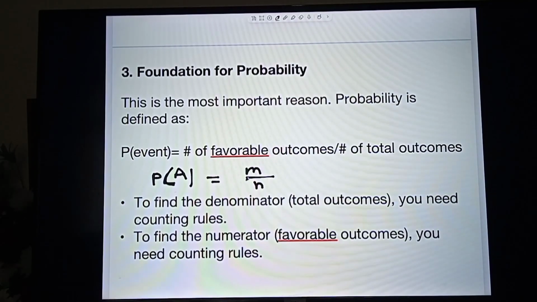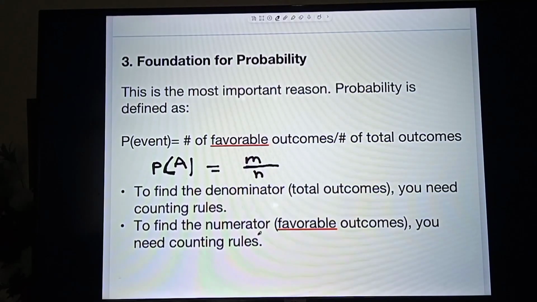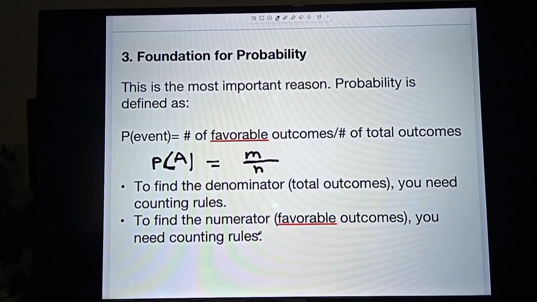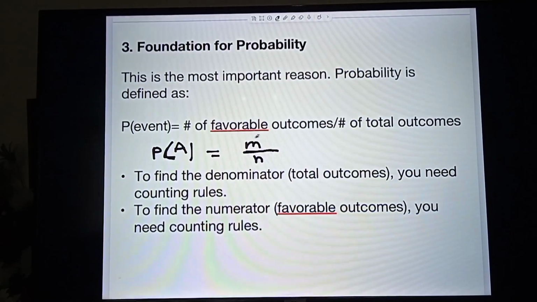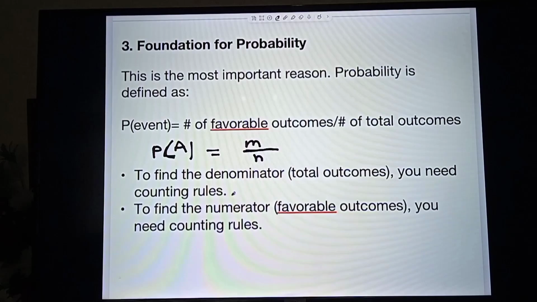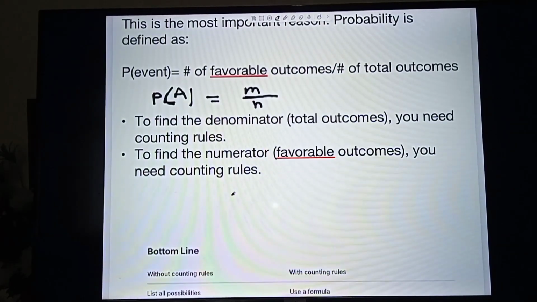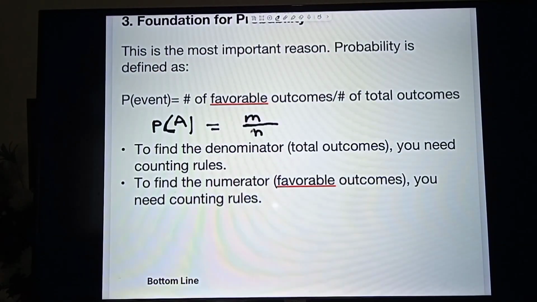Now this favorable is the numerator, and you need counting rules to find this favorable. Similarly, to find the total outcomes, you again need counting rules, because this is the total possibilities.